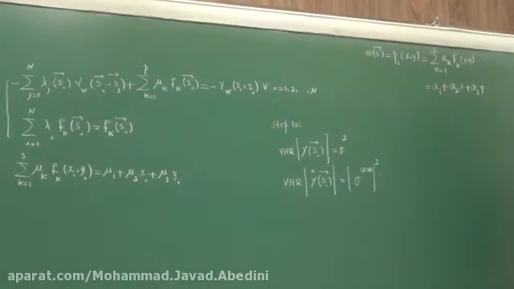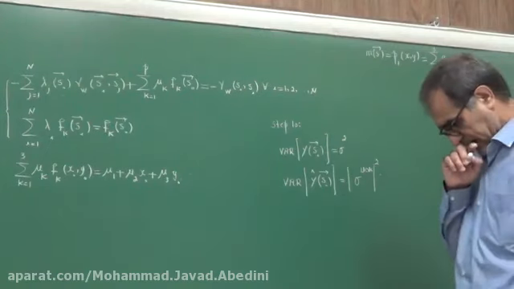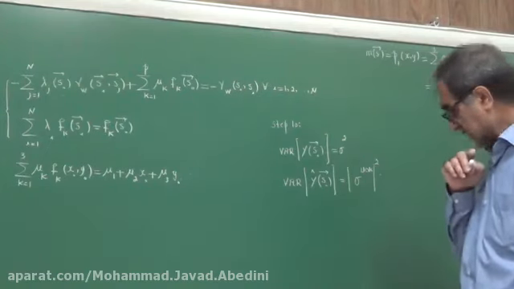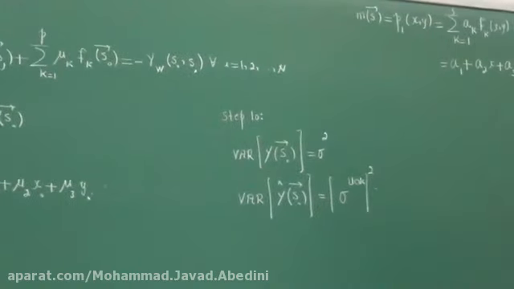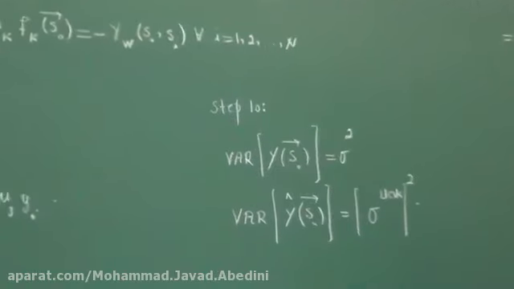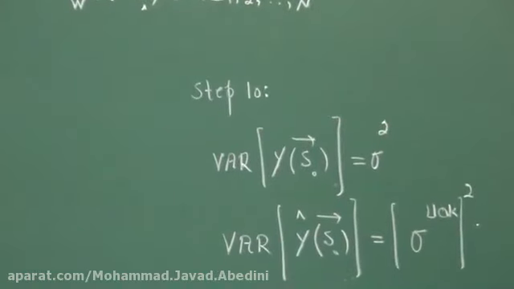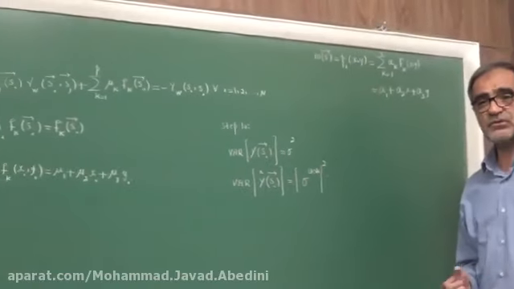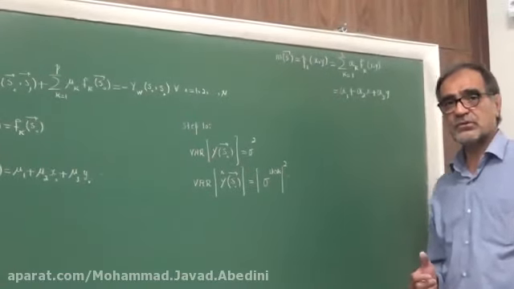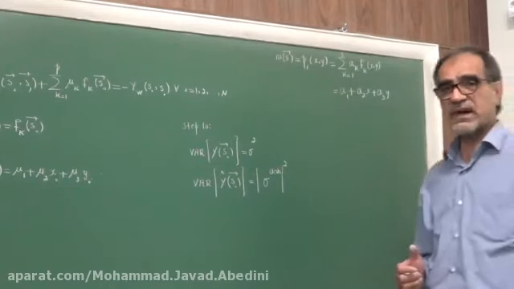This is the variance of the estimated value. How could it be possible to compute the variance of the estimated value? Any comment? Any feedback?